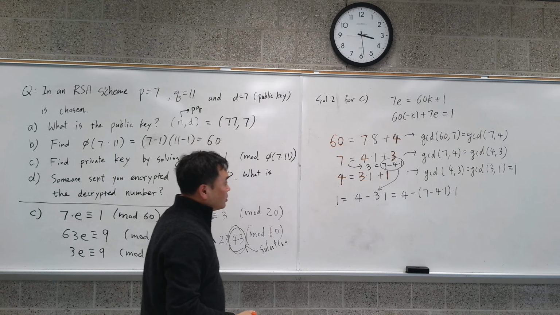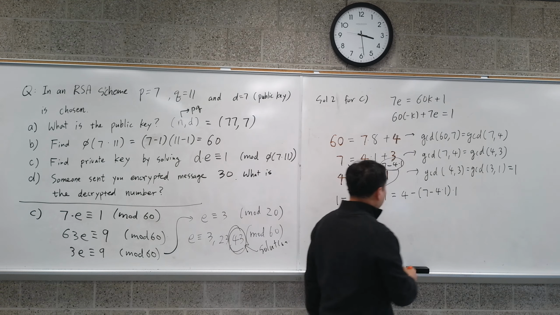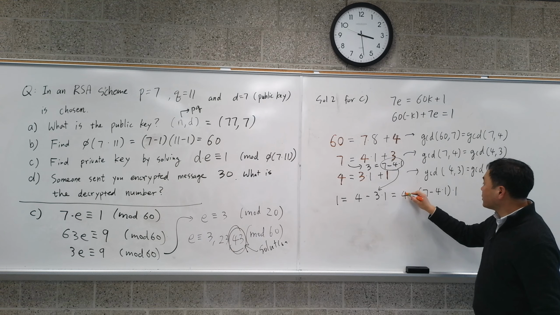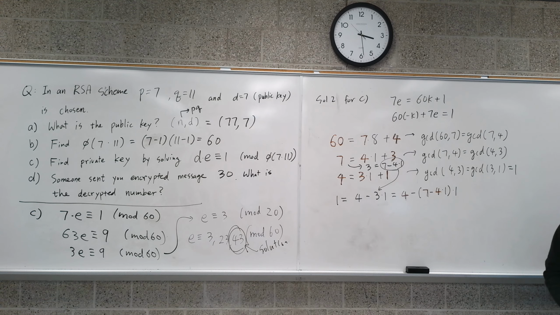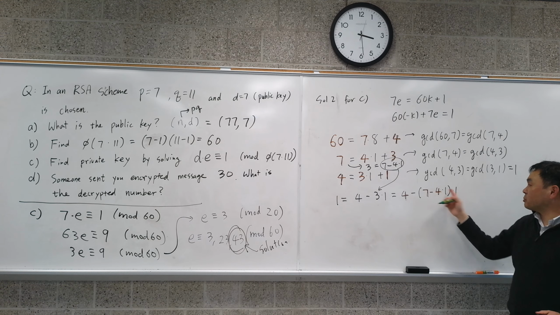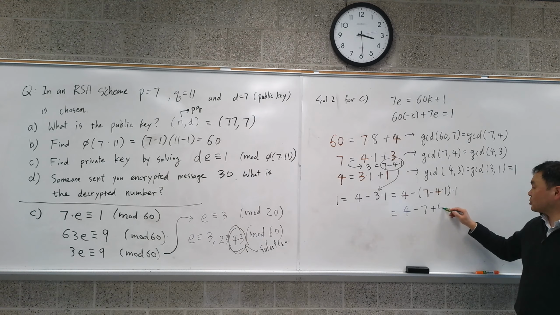Okay. So here, it's 4 and 7 and 4 that appear on this side of the story. And what we do is we want to expand this and simplify this without destroying the 7 and 4. Okay, so times 1 doesn't do anything. This is 4 minus 7 plus 4 times 1.